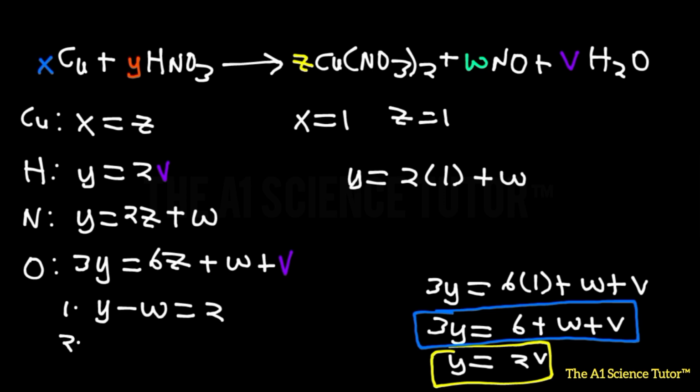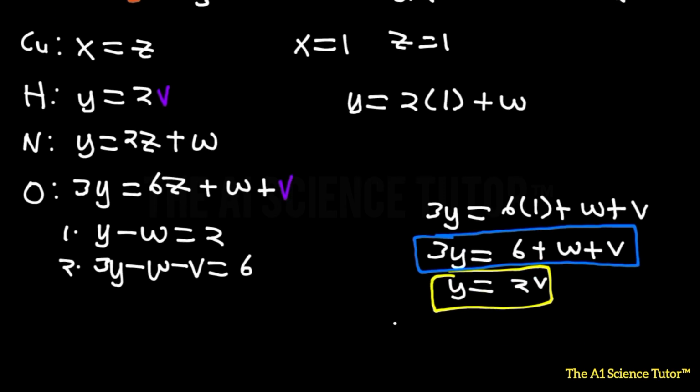Then for the second, let's say you have 3Y minus W minus V is equal to 6. And the third one is Y minus 2V, that's equal to 0. So let's solve it.